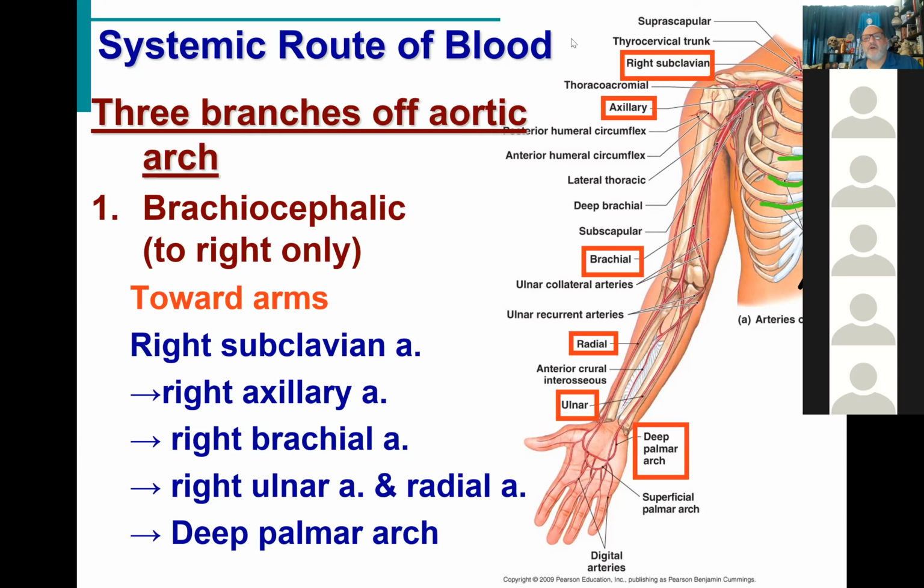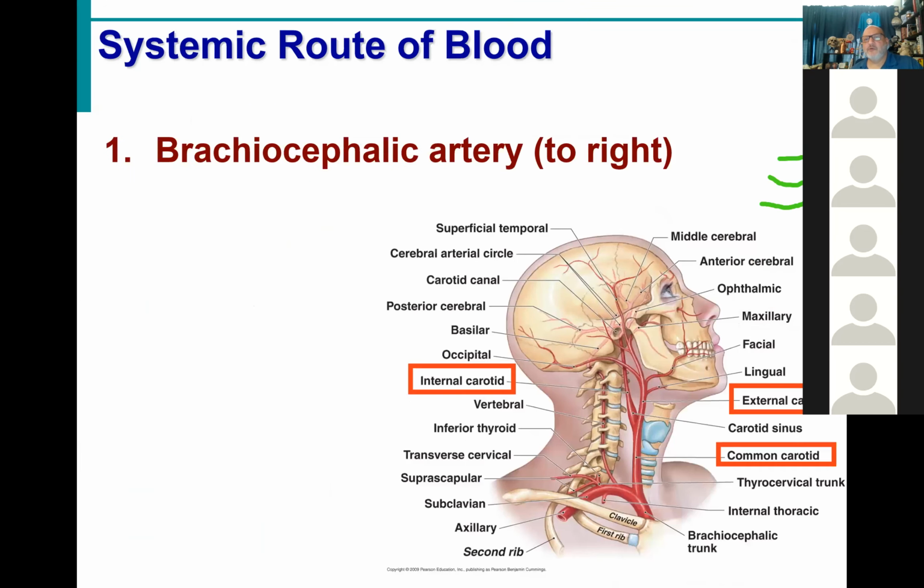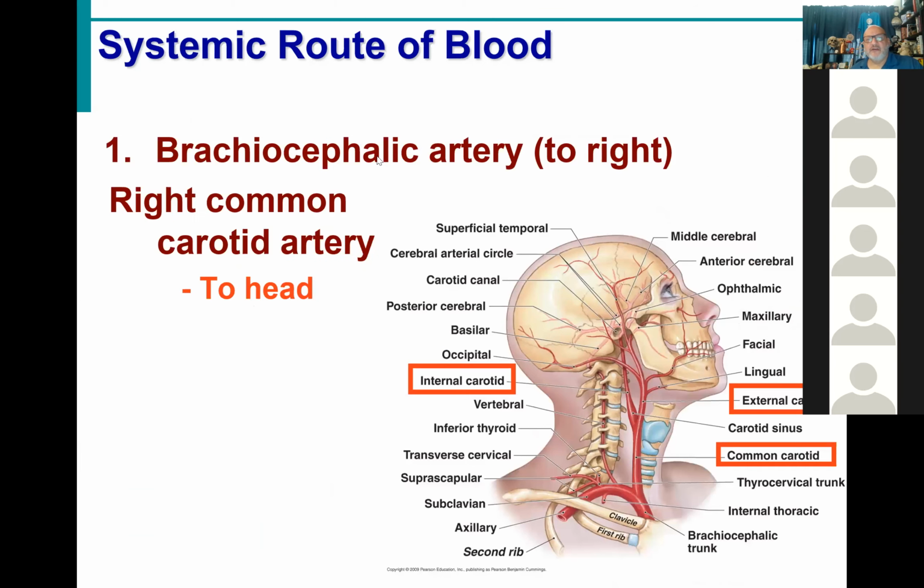We kind of already did this, so we'll go through it quickly. Not surprisingly, a common carotid branches into two blood vessels. One is the internal carotid and one is the external carotid. And as their names indicate, they tell you exactly where they go.